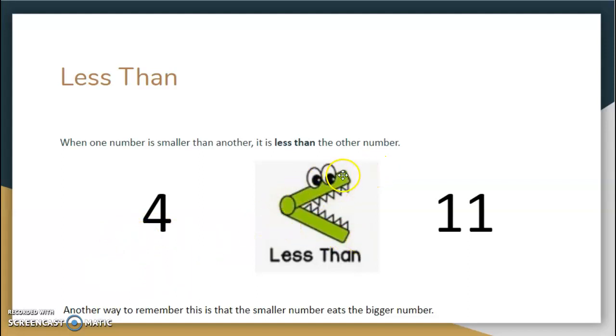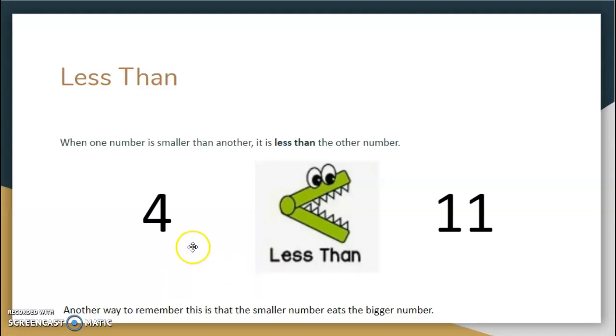The sign is chomping at the bigger number, but when the smaller number is on the left side and the bigger number is on the right side, we're going to say it's less than because I'm starting with the smaller number. So if you have 4 cookies and I have 11 cookies, you have less cookies than I do.